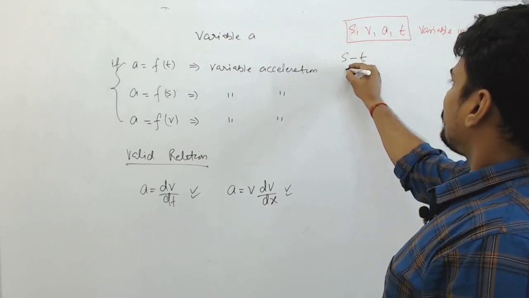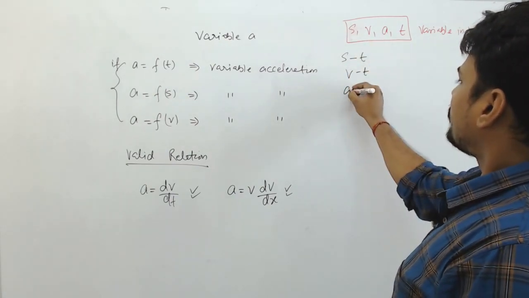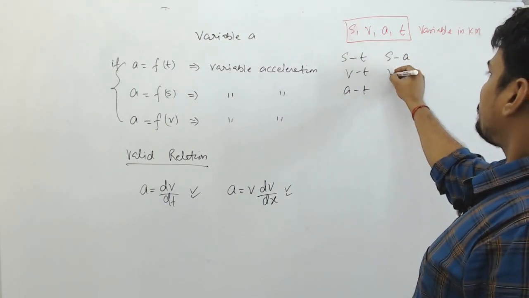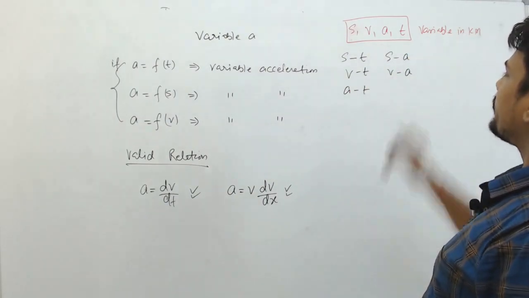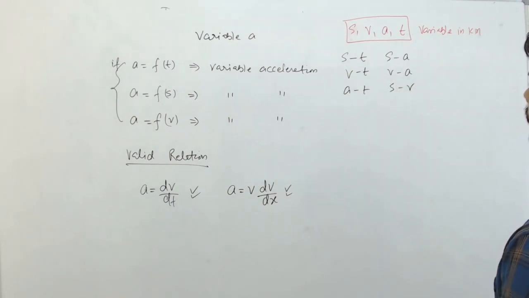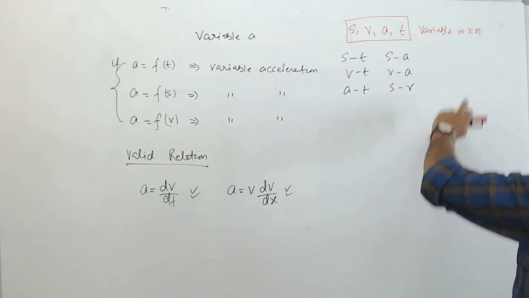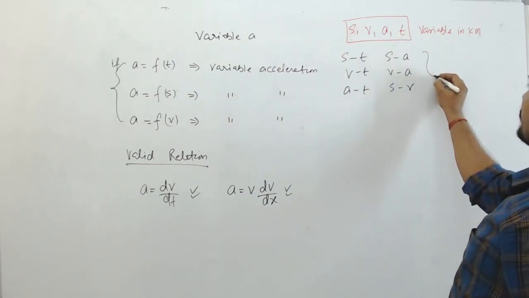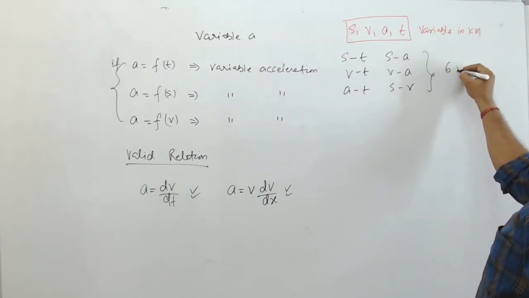We can have ST, we can have VT, we can have AT. We also can have SA, VA relations, or we can have SV relation. So overall we have 6 relations only. In reality we have only these 6 relations. यही अपने पास है.